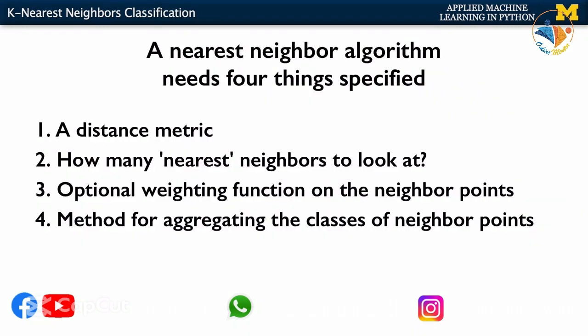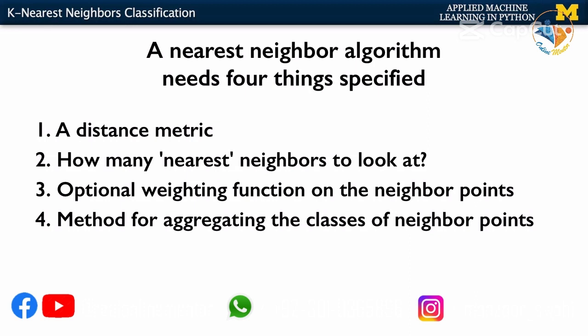More generally, to use a nearest neighbor algorithm, we specify 4 things. First, we need to define what distance means in our feature space, so we know how to properly select the nearby neighbors. In the example that I just showed you with the fruit data set, we use the simple straight line or Euclidean distance to measure the distance between points.